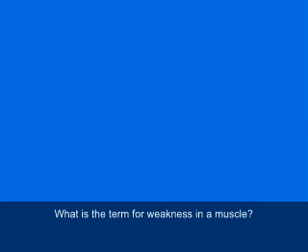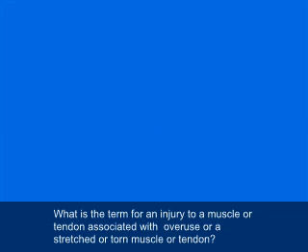What is the term for weakness in a muscle? That's myasthenia. Myasthenia. What is the term for an injury to a muscle or tendon associated with overuse or a stretched or torn muscle or tendon?